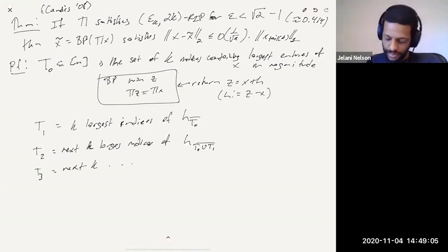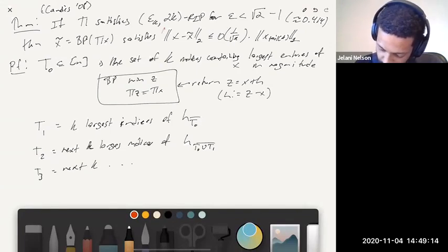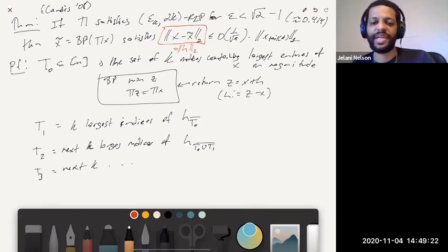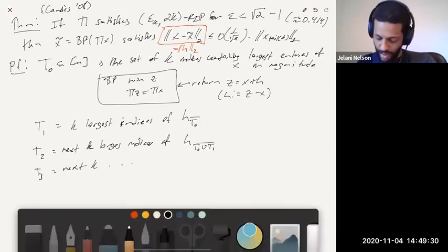Okay. And notice that this thing here is just the norm of H, right? Just by definition of H. So really what I want to do is say that the norm of H is bounded.